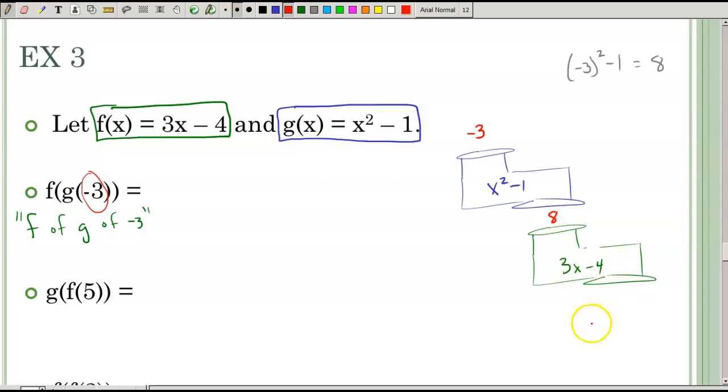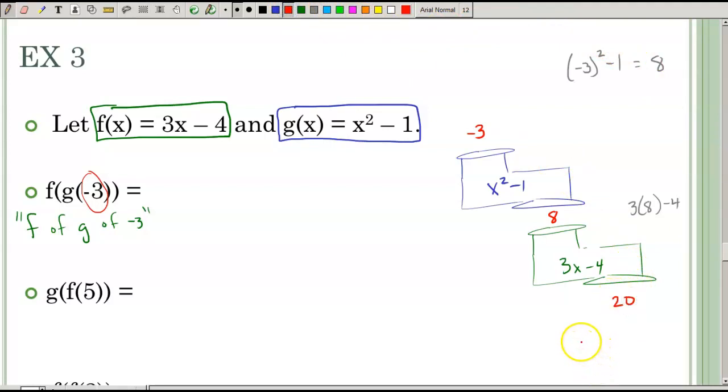I take 8 and plug it into the green function, f of x. So now I'm taking 3 times 8 minus 4, and evaluating that. 3 times 8 is 24, and then minus 4 is 20. So at the very bottom, I get 20.